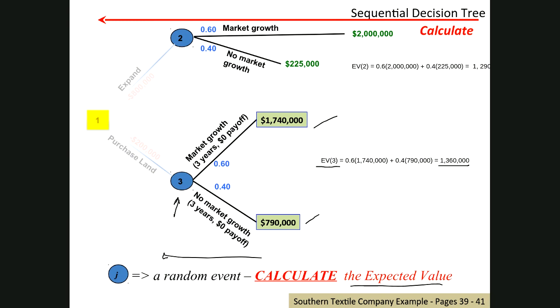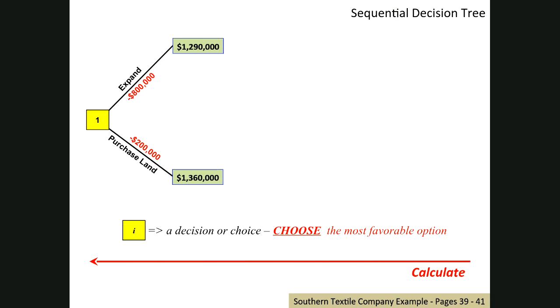So now we've resolved these, and now we can go back to our original decision point where we're choosing between these two options. We can pay 800,000 and receive on average 1.29 million, or we can pay 200,000 and on average receive 1.36 million. And so in this case, this expected value is minus 200,000.